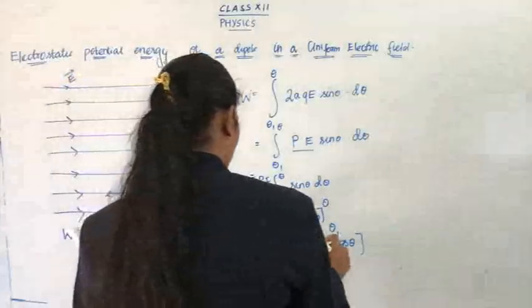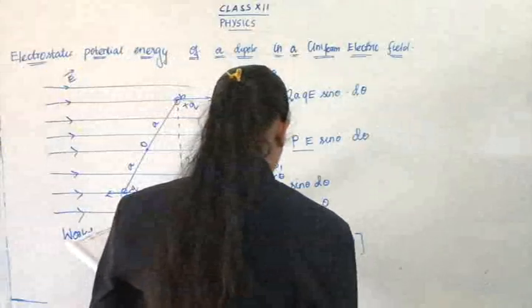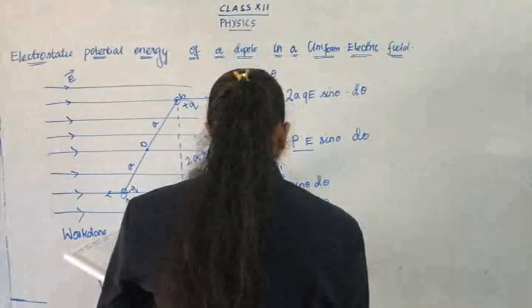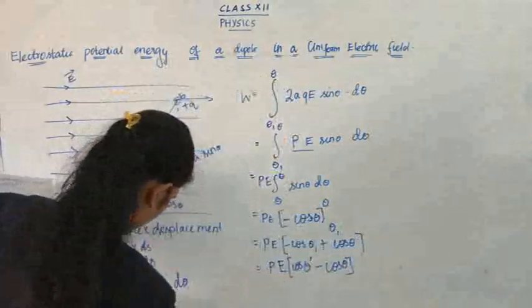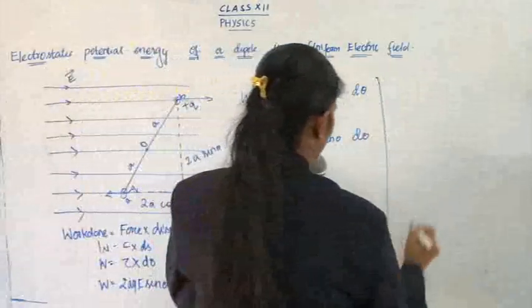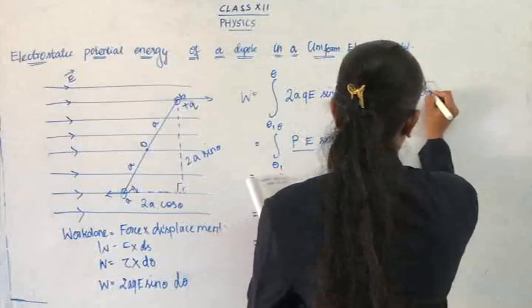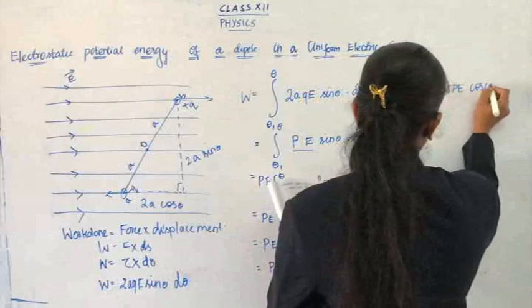As it is minus of minus, it becomes plus. So cos theta dash minus cos theta. Now this work done becomes PE cos theta dash minus PE cos theta.